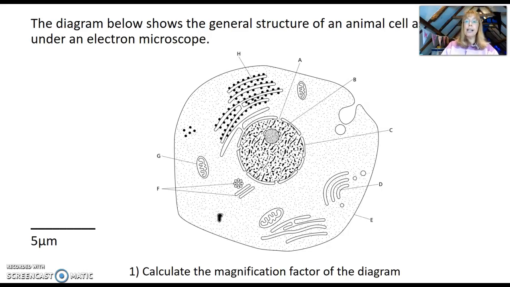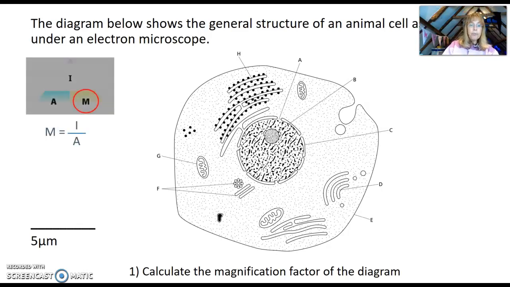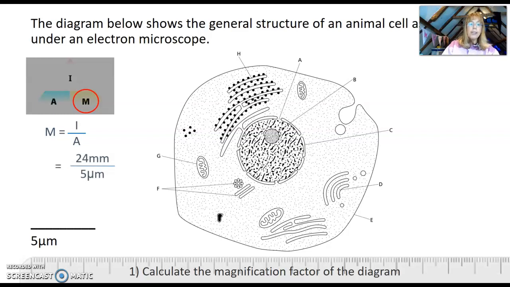So the actual size is 5 micrometers. What is the image size? Well, that's when you need to take out your ruler. So what you will do is, using a ruler, that measures 24 millimeters. So I've got 24 millimeters and I've got 5 micrometers, my I over my A.